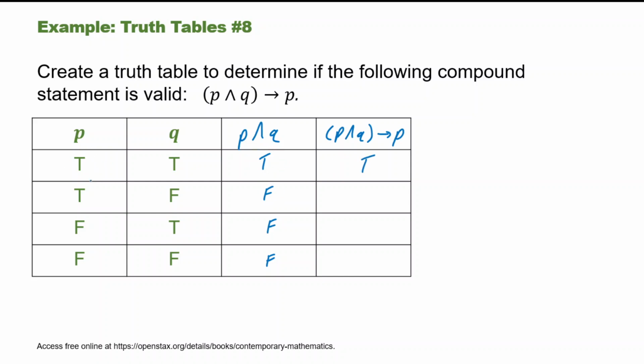If false, then true, that's true. If false, then false, that's true. If false, then false, that is also true. So the question is, is this statement valid? And the answer is yes. This statement is valid because the last column contains only true.